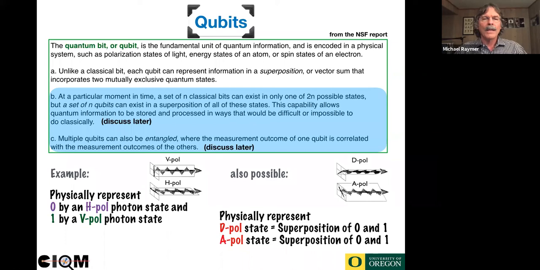You can use a polarization state of light, as shown down here. We have V pole and H pole. You can specify, and you can choose this yourself. If you're the engineer building the system, you can say, I define H pole to be a 0. I define V pole to be a 1.